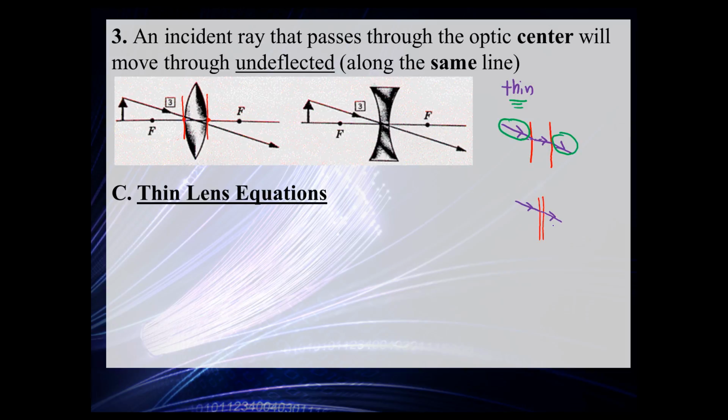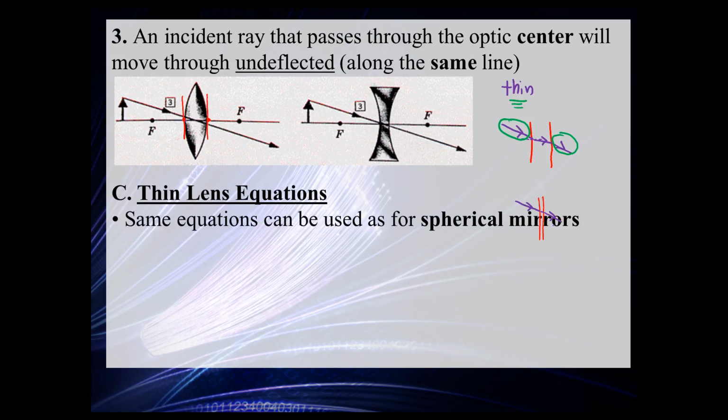In terms of mathematical equations, so the quantitative aspect of this, we can actually use the exact same equations we use for the spherical mirrors. So those equations were 1 over f equals 1 over di plus 1 over do. We also had hi over ho equals negative di over do.